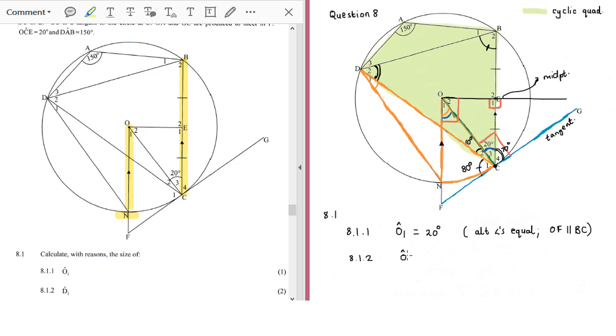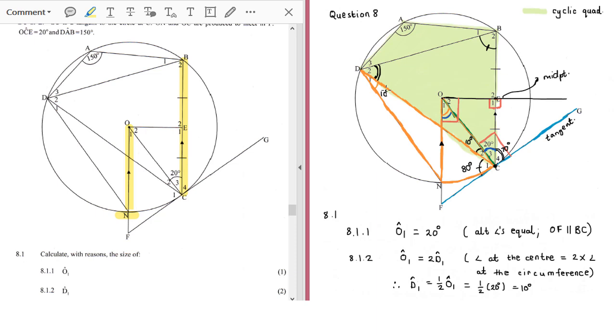So we should actually write here that angle O1 is twice angle D1, so that we can write our reason that the angle at the center is equal to 2 times the angle at the circumference. And then from here we can rearrange: angle D1 is equal to half angle O1, which is half of 20 degrees, which is 10 degrees.